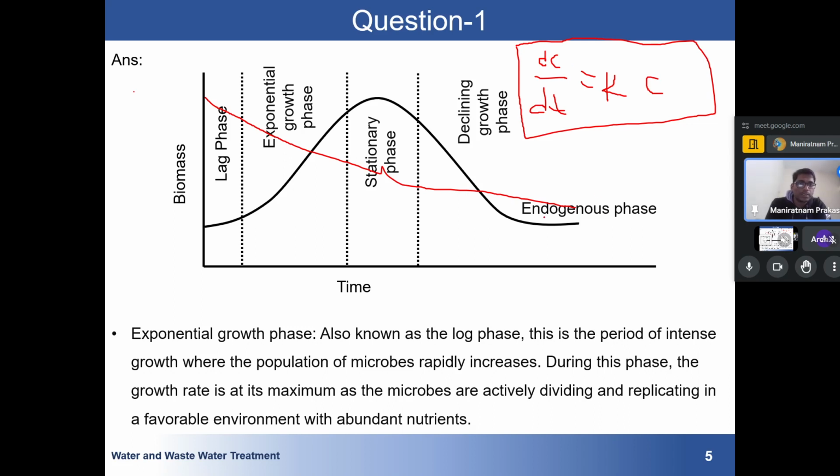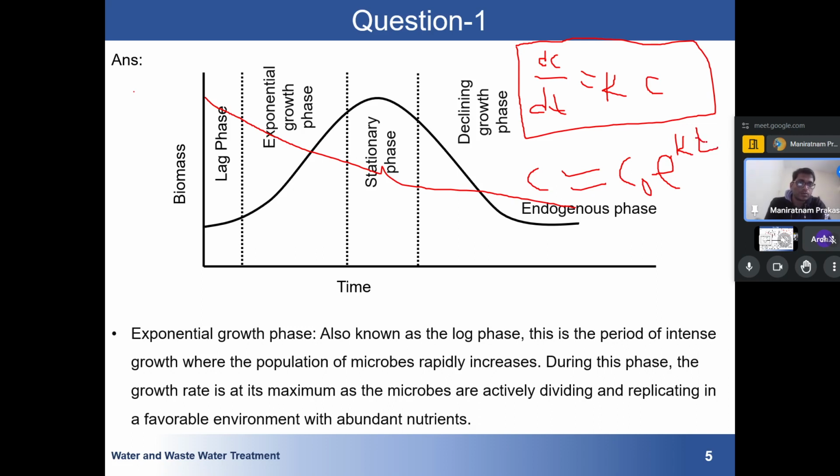You will get the final equation, after substituting everything: C at any time is equal to C naught, the initial microbe concentration or initial population, times e to the power kt. Remember, kt.